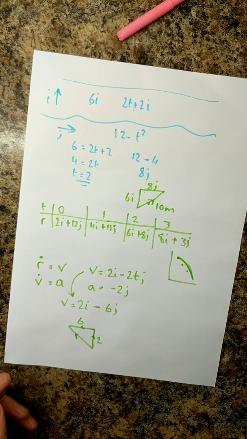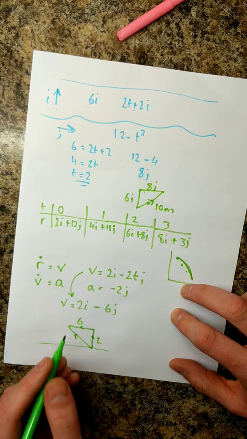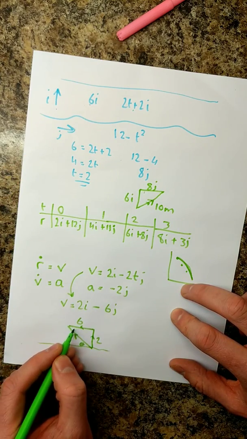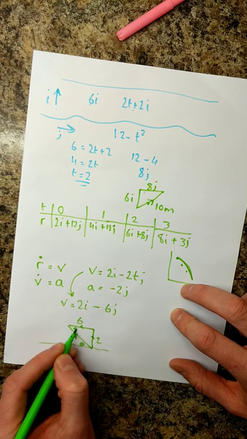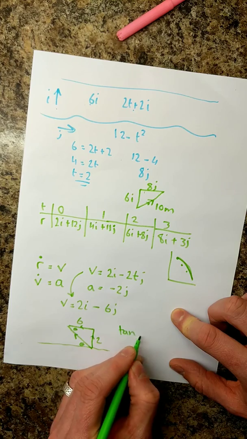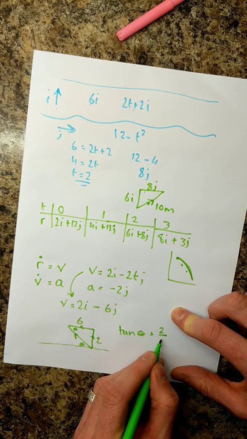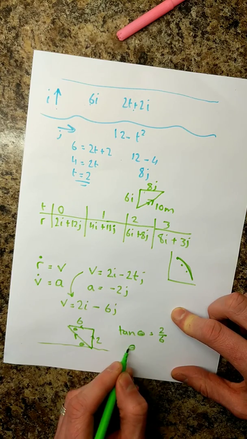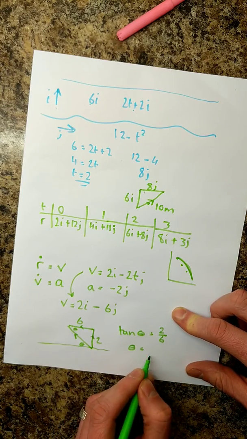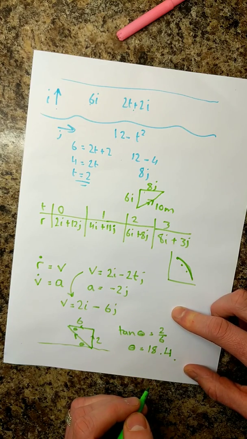It says the angle its direction of motion makes to the line of the beach. So if I take this as being the beach, going back up to this original bit, we're looking for this angle in here. And if we use alternate angles, it's going to be that angle in there. So we end up getting tan theta is equal to opposite over adjacent, which means that theta is equal to 18.4.